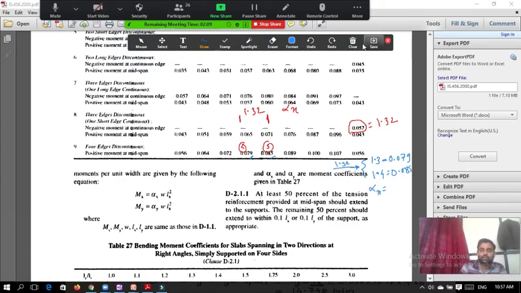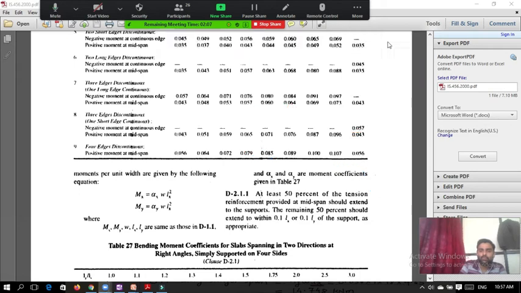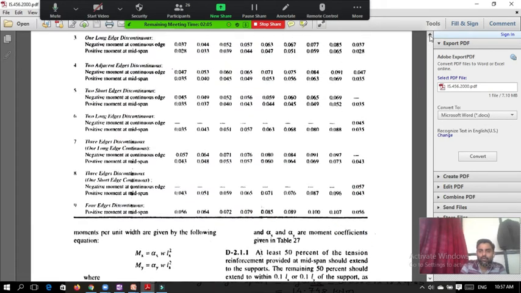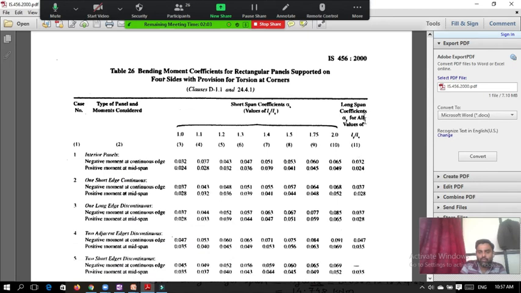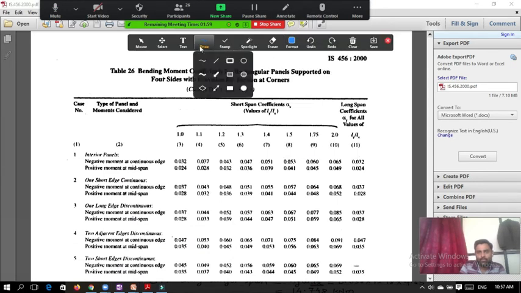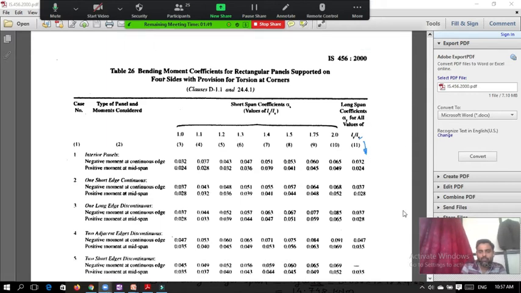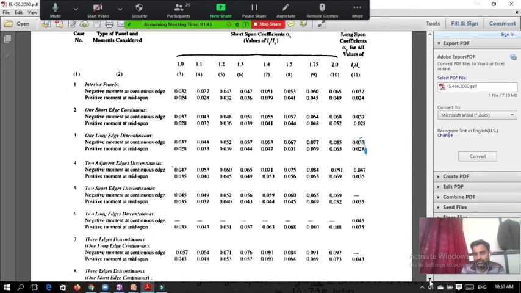Now for alpha y, there is only one column, this column. We need to look up the values in this column. In the last column for alpha y, there is no other value, only a single value is given here.